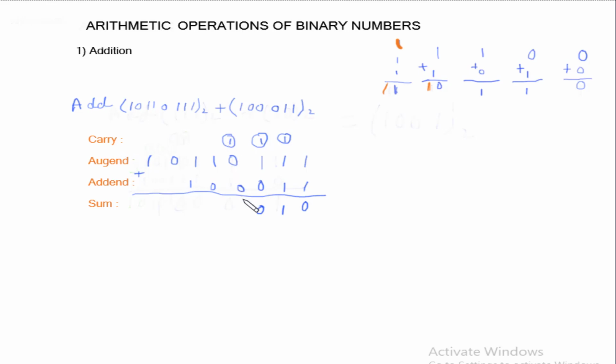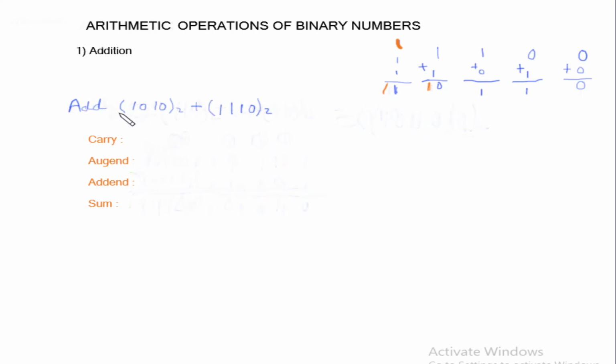So 1 plus 0 will get us 1. 1 plus 0 will get us 1, and 1 plus 1 will get us 0 written and 1 will be carried. So 0, and here the carry is 1. 1 plus 0 will get us 1, and as there is nothing more, it will be as it is. So this one is equal to 11011010 in binary.